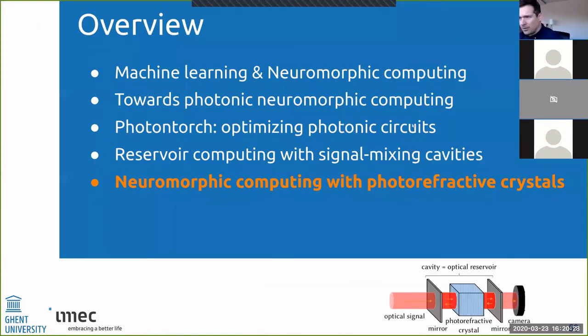So far we've discussed cavities as reservoir computers, and then we established that with modern optimization techniques, we can go beyond reservoir computing, and we use these techniques to, among other things, optimize the internals of a photonic reservoir. This begs the question whether we could combine these two ideas.